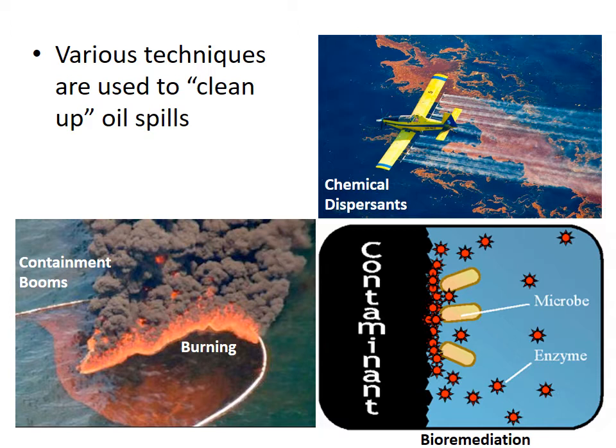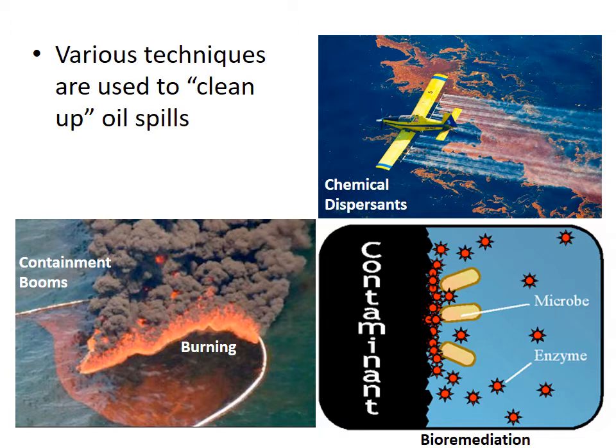When the oil is corralled, they will sometimes actually set it on fire, which seems strange and scary, but burning the oil, although it creates a lot of air pollution, is considered better for the environment than leaving that oil unburned, drifting and dispersing through the ocean.